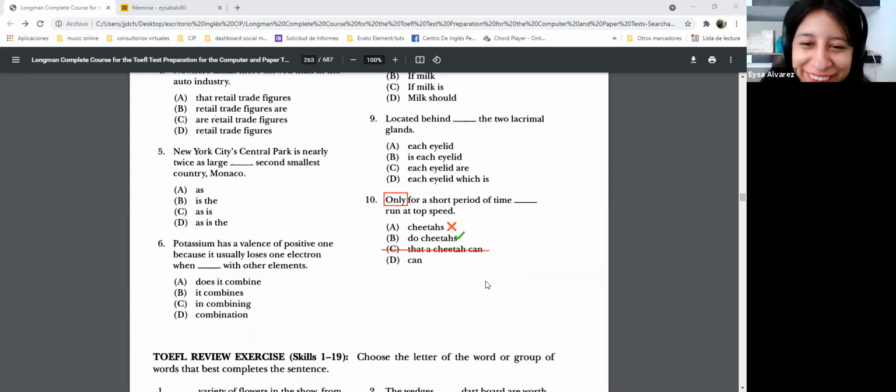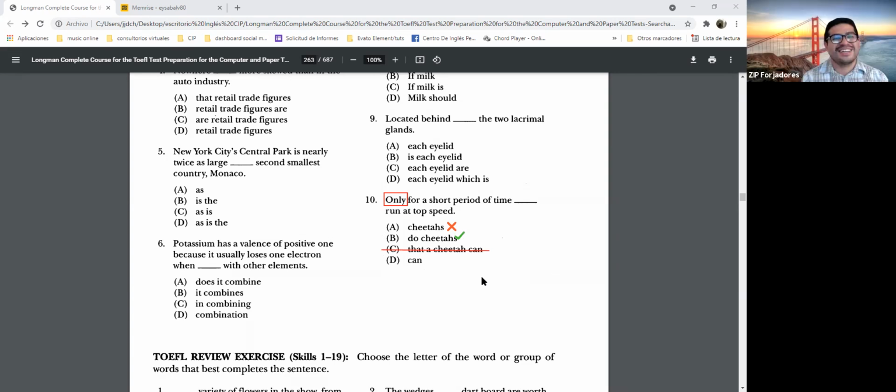Yes, you're right. So letter A, well, there is no subject in the sentence, so that's why we need a subject. Letter A has a subject, letter B has a subject, letter C has a subject, but letter C has a connector, and I need another subject if I have a connector.